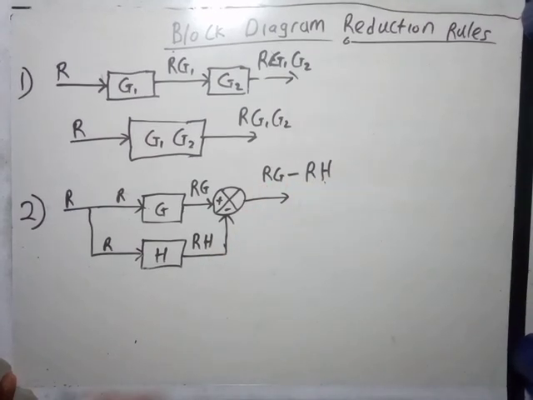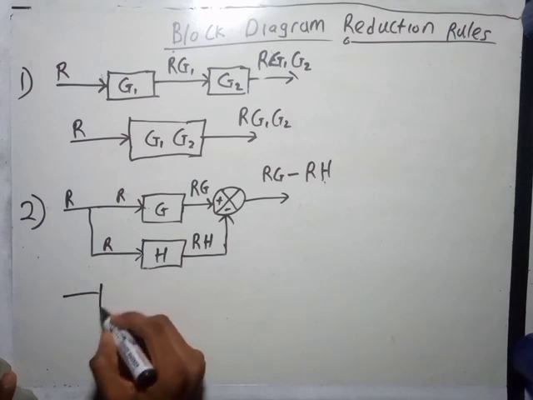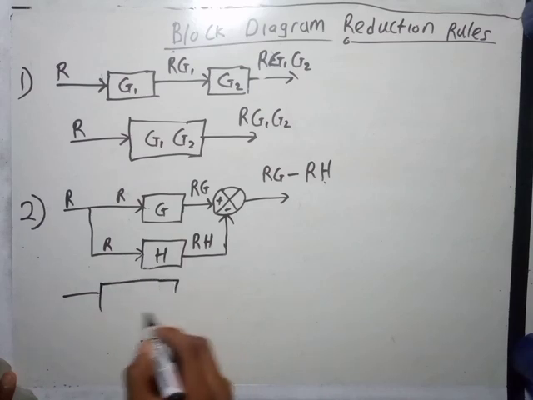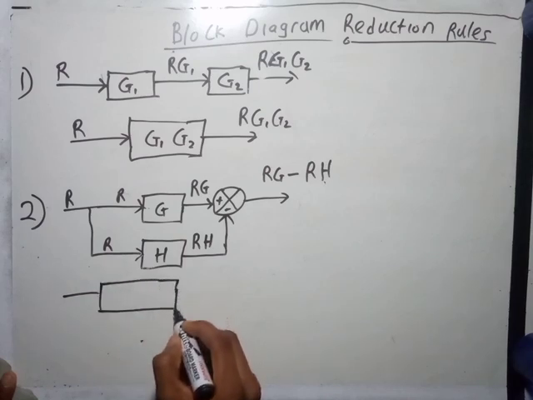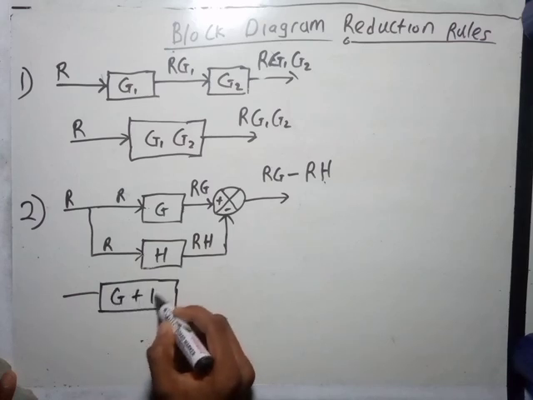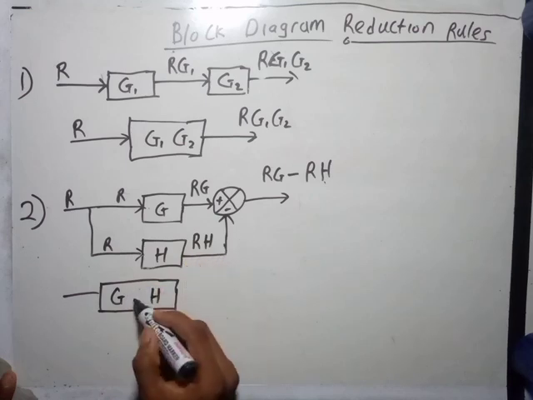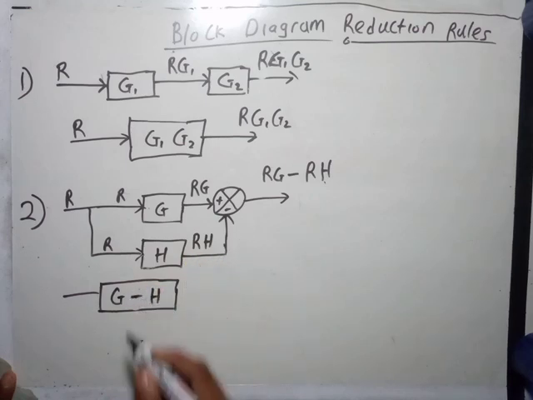How we normally rewrite it is this. We simply add the two transfer functions together, G plus H. But in this case it will be minus H. So it will be a complete representation of this.